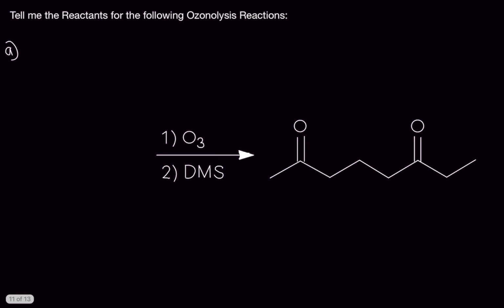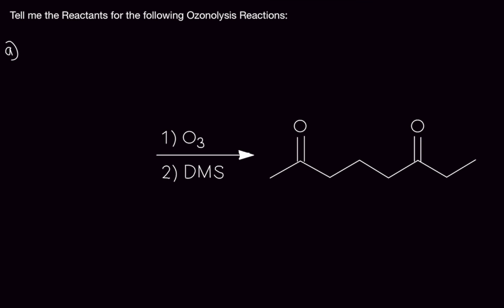Okay. Tell me the reactants of the following ozonolysis reactions. Okay. You see that we have here and here. There's nothing else being shown. That must mean these were originally joined together.